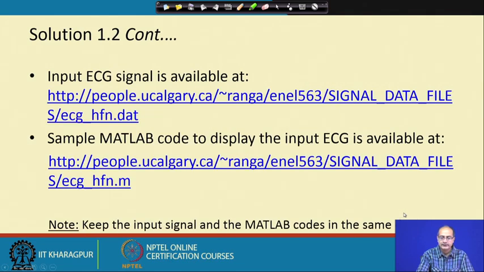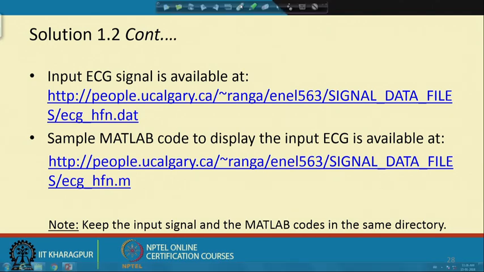Now, let us look at how to get the data. The link is given here, from where we can get the signal and the data file, and the corresponding MATLAB .mat file is also given here.